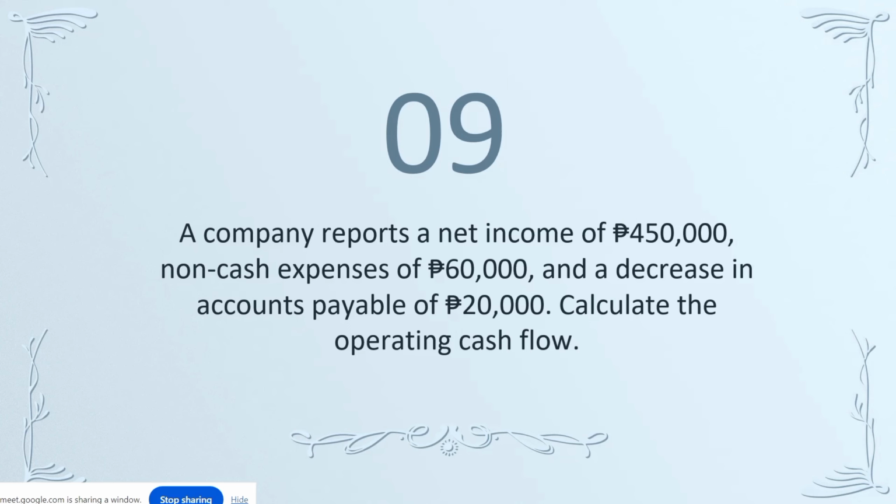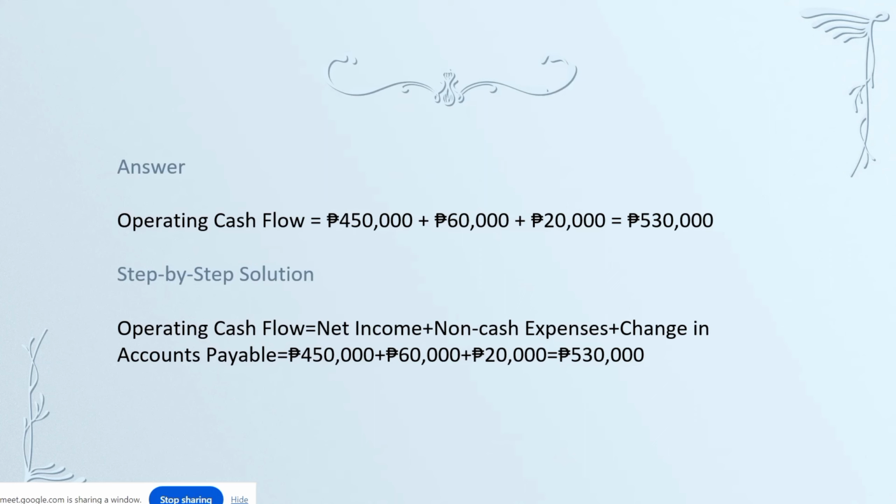A company reports a net income of 450,000, non-cash expenses of 60,000, and a decrease in accounts payable of 20,000. Calculate the operating cash flow. Here, the step-by-step solution is operating cash flow equals net income 450,000, plus non-cash expenses 60,000, plus change in accounts payable 20,000, equals 530,000.